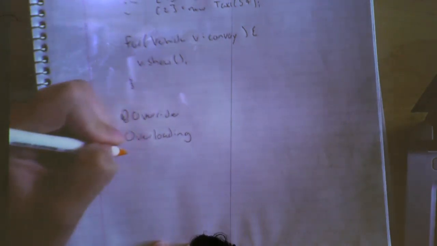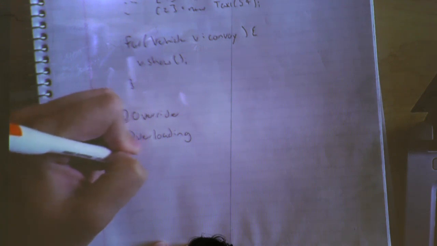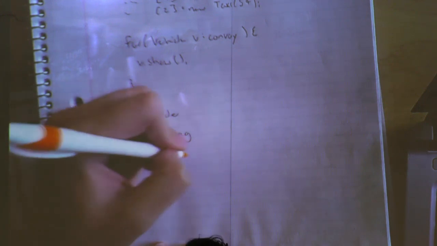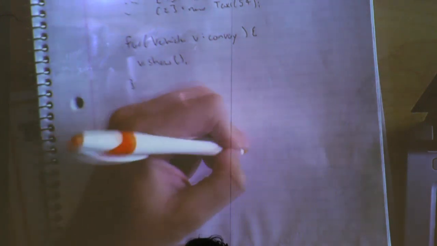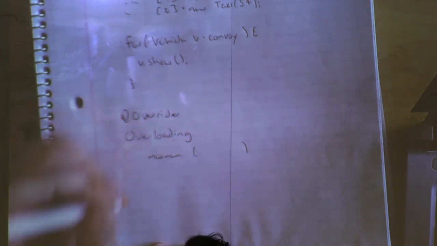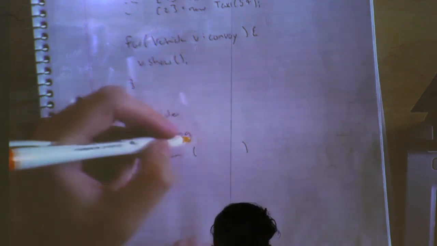So the inputs to those methods are different. So let's say you have a method called maximum that returns whichever number is the higher number. And it will always convert the higher number to an integer, just for the sake of simplicity here.